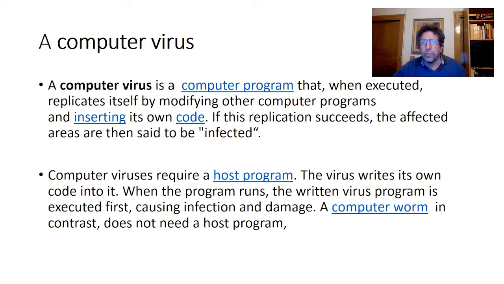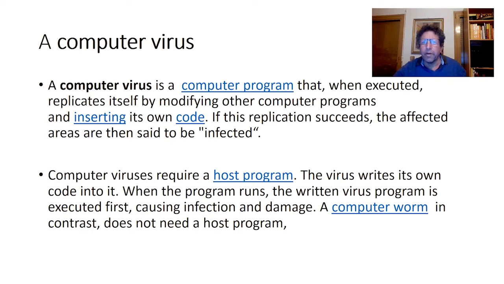What is a computer virus? A computer virus is a computer program that, when executed, replicates itself by modifying other computer programs and inserting its own code. If this replication succeeds, the affected areas are then said to be infected.